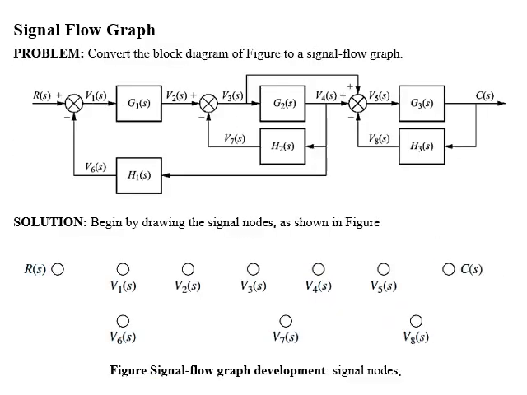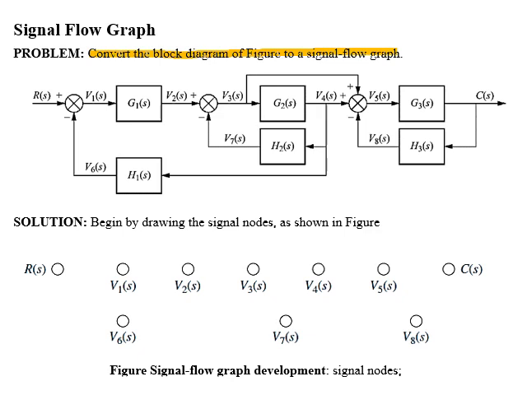Dear students, in this example, we will convert a block diagram of a system into a signal flow graph. For this conversion, first of all you have to identify all the signals present in the system, and corresponding to each signal, you have to draw a node.